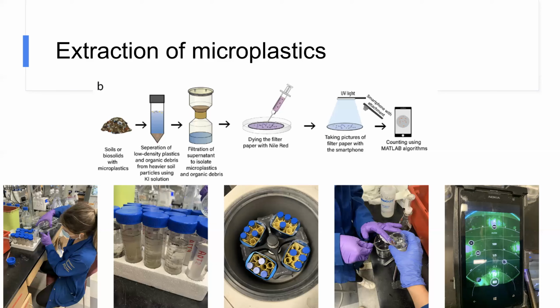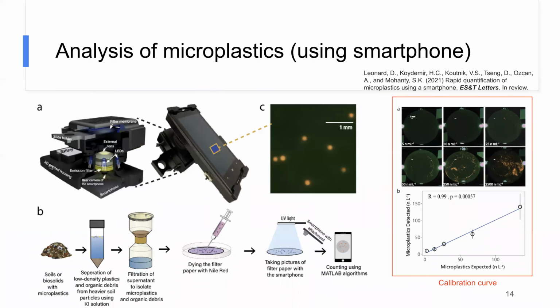But then we use a laboratory-developed method with a smartphone. We use a smartphone to count microplastics, which is much faster than using a microscope. That's a separate story of how we developed it. That's another publication led by Jamie.